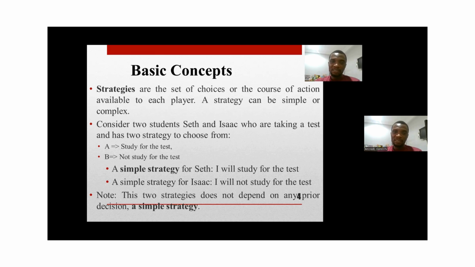So Seth's strategies are A, study for the test, or B, not study for the test. Any strategy as simple as this is what you call a simple strategy. Isaac could also have a strategy to play: I would not study for the test, or I will study for the test. So each player has two strategies.